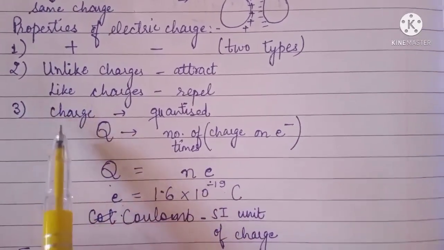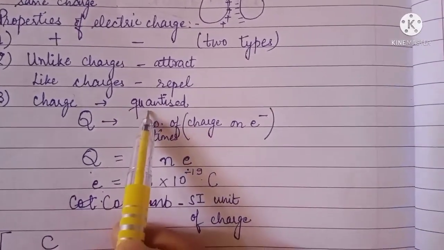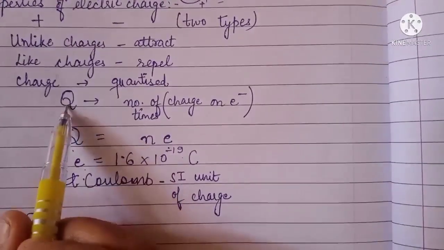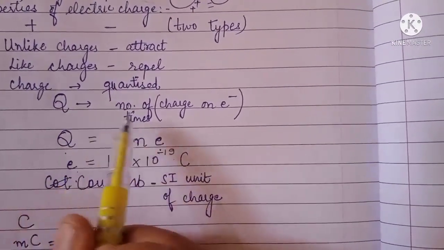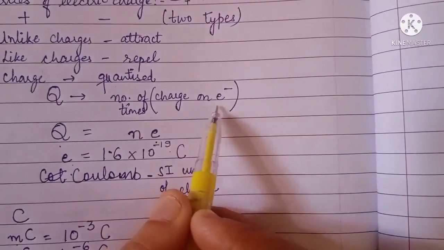Next thing comes charge. How does it exist? So it exists in its quantized form. मतलब जैसे हम लेते हैं ना नंबर वैल्यूज में कि इंटीग्रल मल्टीपल्स, same way the total charge on any substance and material will be defined as the number of times the charge on an electron.